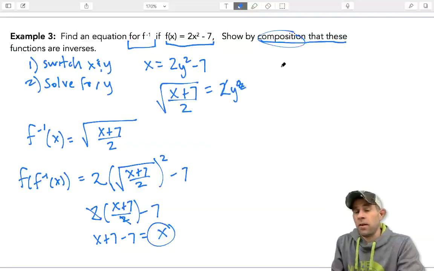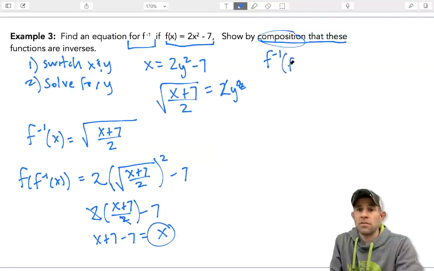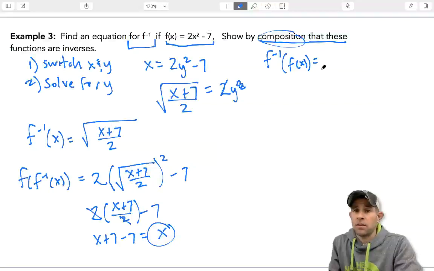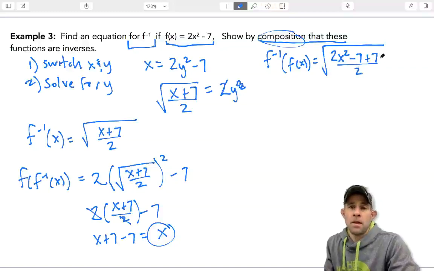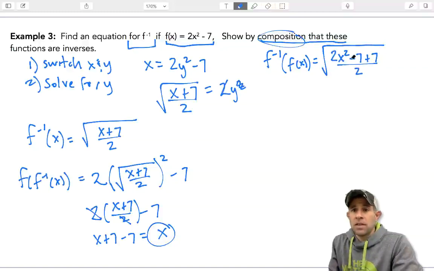Now we've got to flip-flop that and go the other direction. So we're going to take the inverse of f of x. So we're taking our 2x squared minus 7, and we'll substitute it under our radical here. So we get the square root of 2x squared minus 7 plus 7, all divided by 2. So starting by simplifying inside the radical, our minus 7 and plus 7 will cancel out.